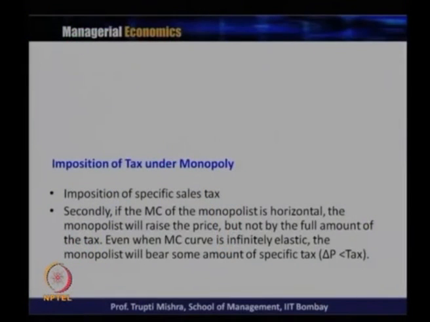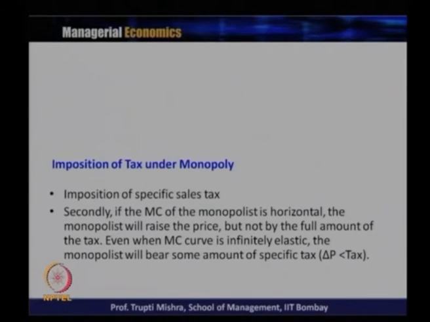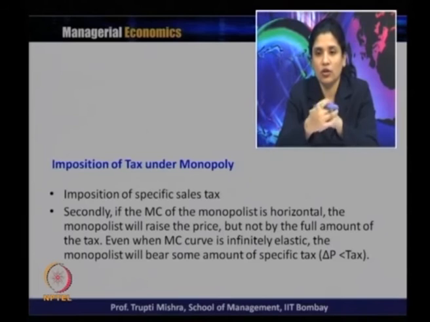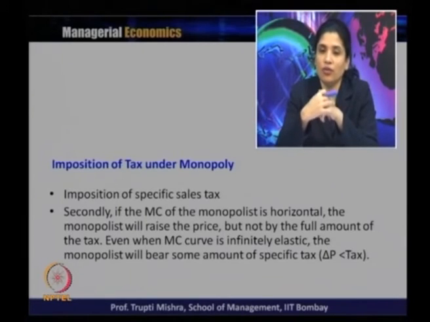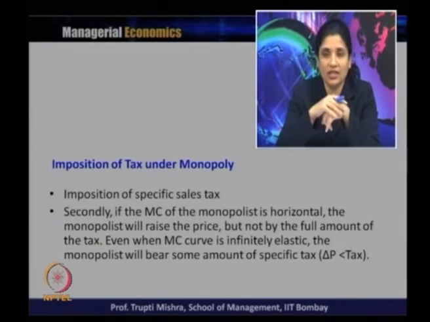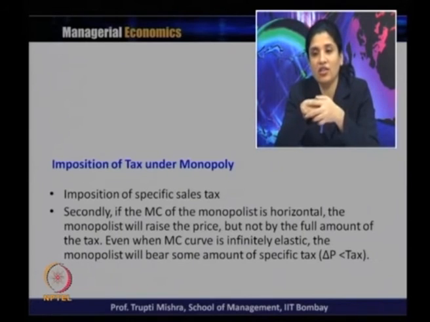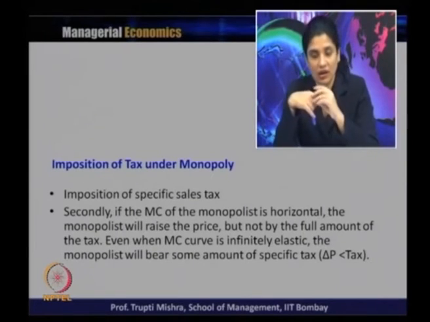Then we will check another case where the marginal cost of the monopolist is horizontal, that is parallel to the x axis, and the monopolist will raise the price, but not by the full amount of the tax. Even if the marginal cost curve is infinitely elastic, the monopolist will bear some amount of the specific tax, and here again the change in the price is less than the tax.